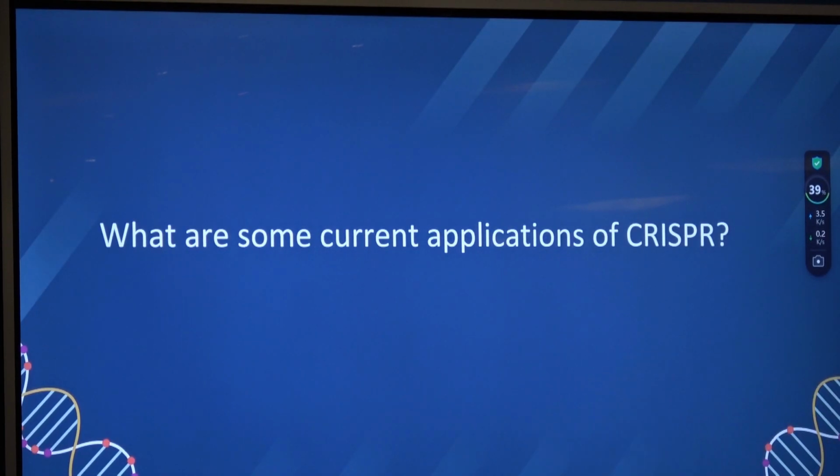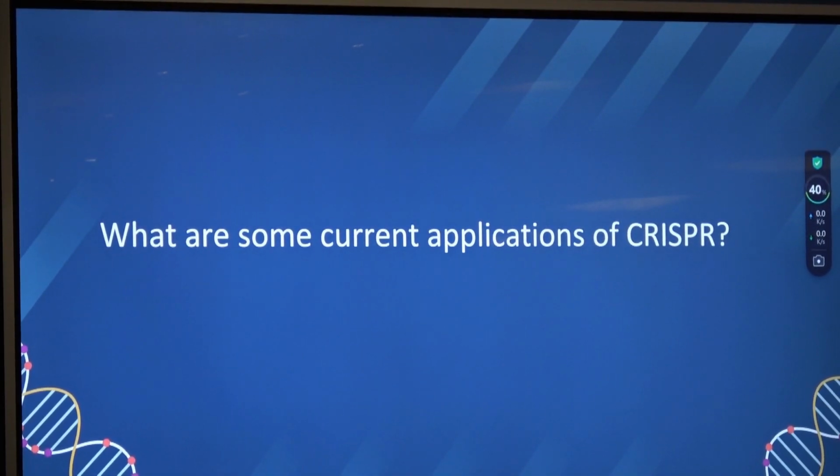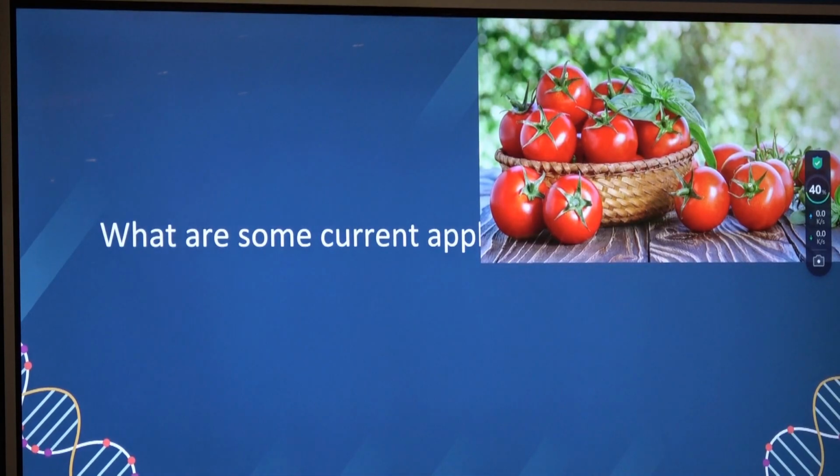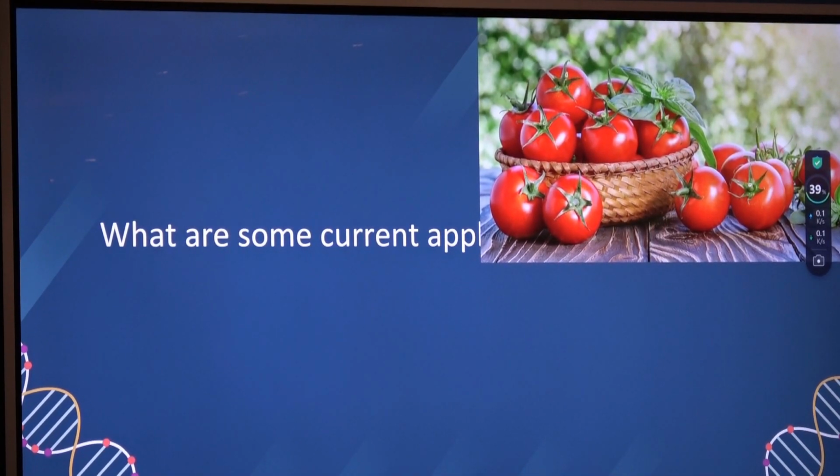Next slide. So what are some current applications of CRISPR? So who here likes tomatoes? What do you like them on? Pizza, burger, pasta. So have you guys ever thought about making tomatoes spicy?